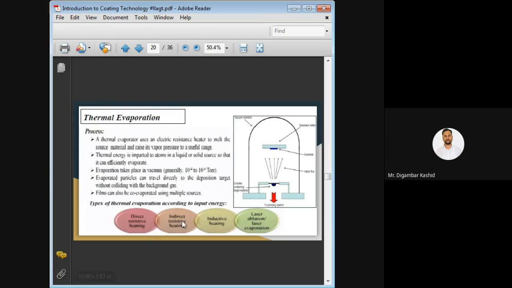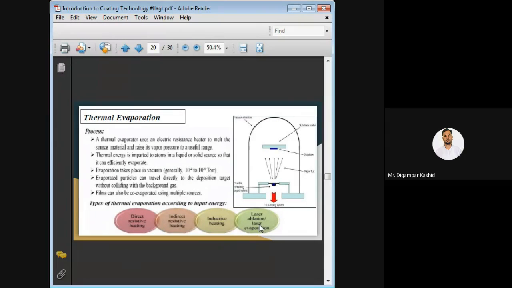So the first is direct resistance heating, then indirect resistive heating, then inductive heating, and then laser ablation or laser evaporation. These are the types of thermal evaporation. We should just know the names, no need to go into detail.